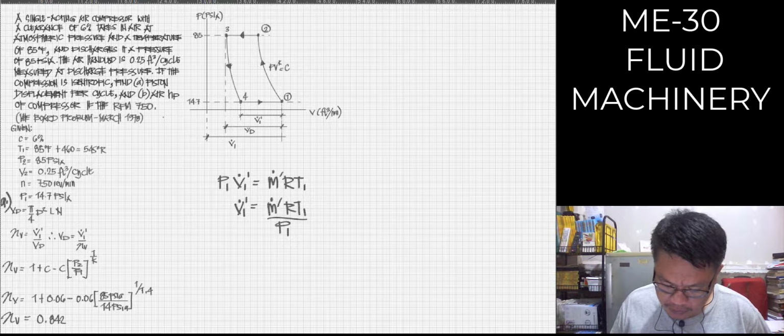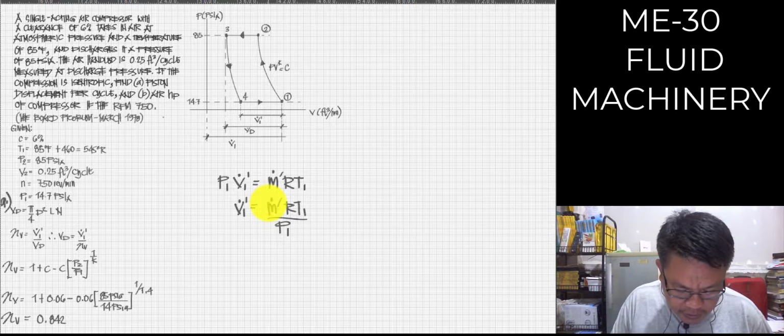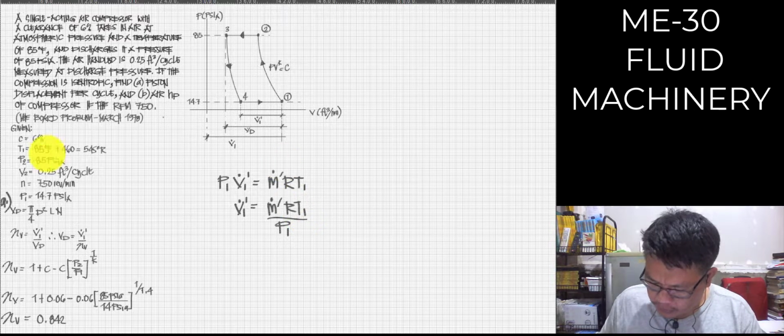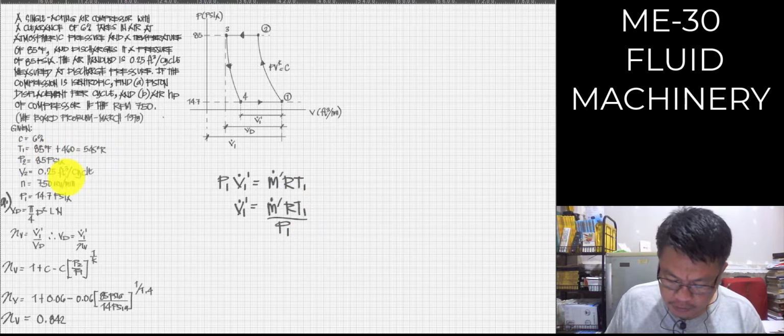And the problem here is what we don't have is the mass flow rate. Okay, we don't have the value for the mass flow rate. For R, we can use the constant R. We have the temperature T1, so this is 545, and we have P1 also given.